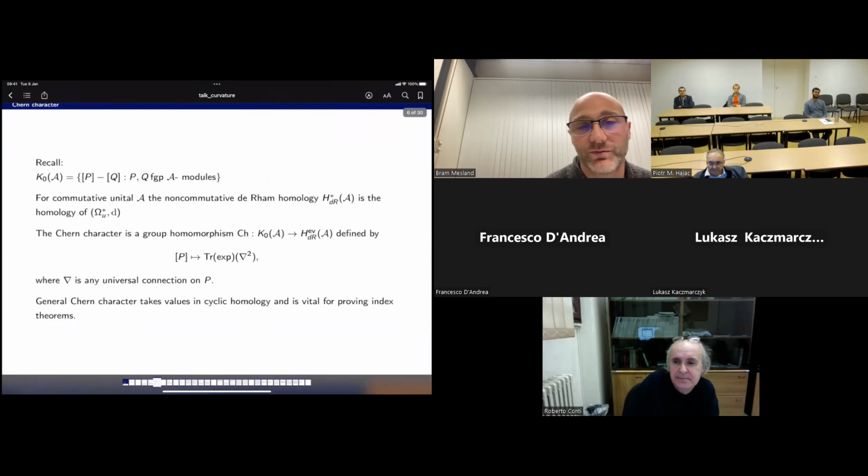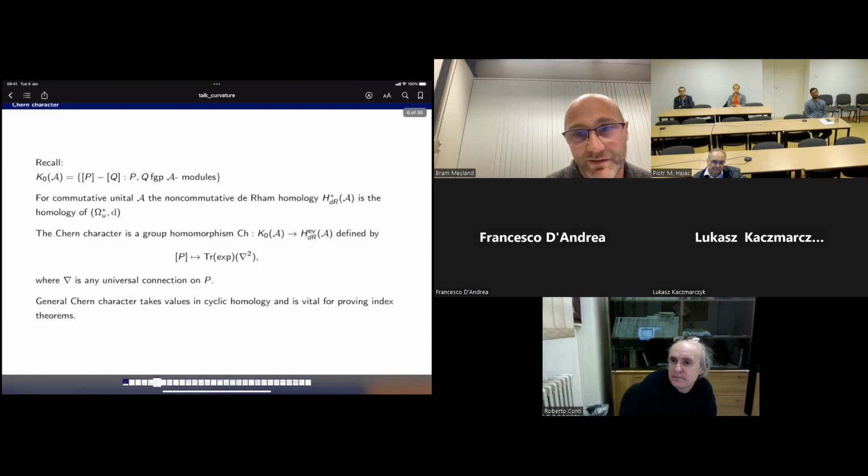So it's the group of formal differences of isomorphism classes of finitely generated projective A modules, right modules. And this may seem somewhat unusual, and you can do things more generally. But now on this slide, let's, for simplicity, assume that A is also commutative and unital.